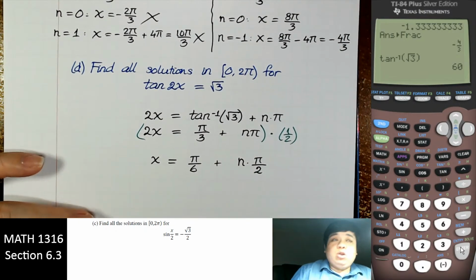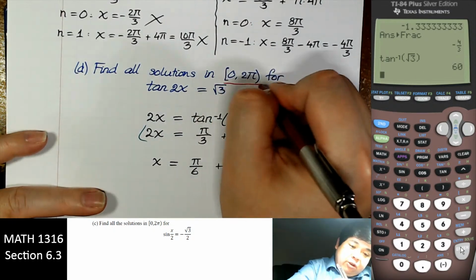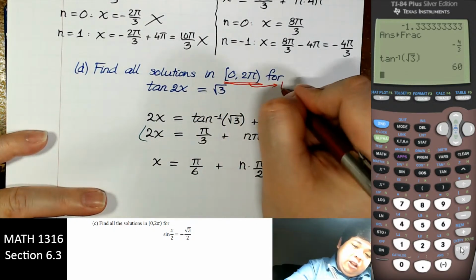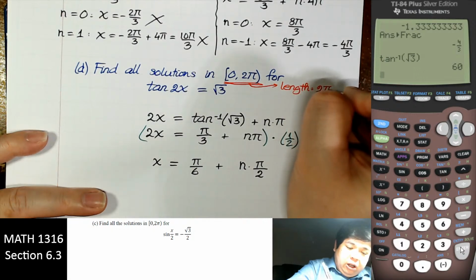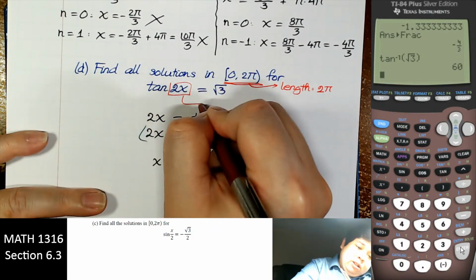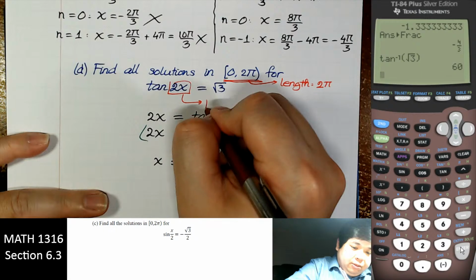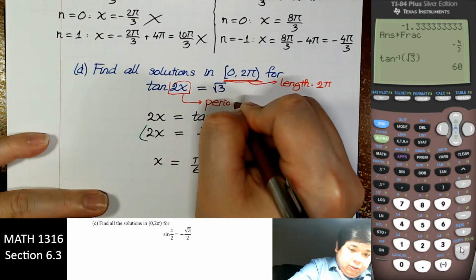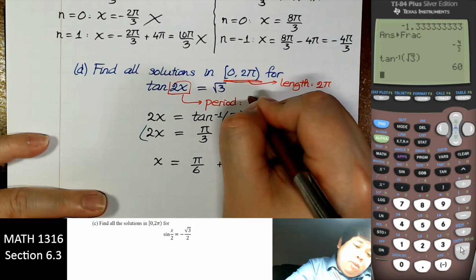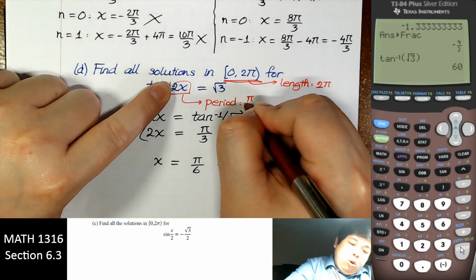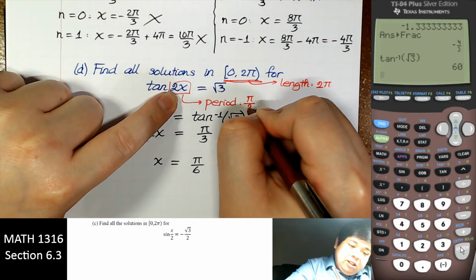Right, how many values of n do we need here? So first, the length from 0 to 2 pi is 2 pi. Next, the period for tangent of 2x. For tangent, typically the period is pi divided by the coefficient of x.